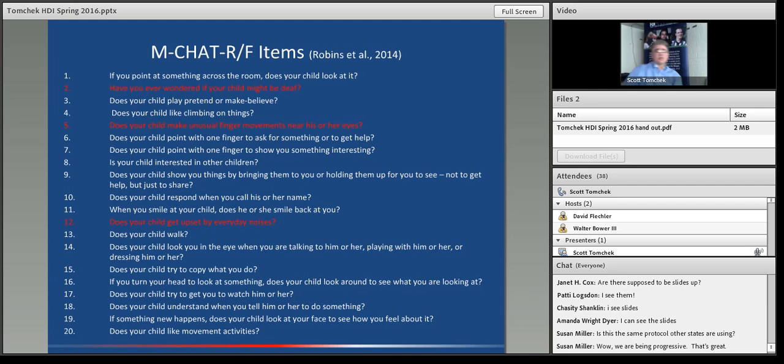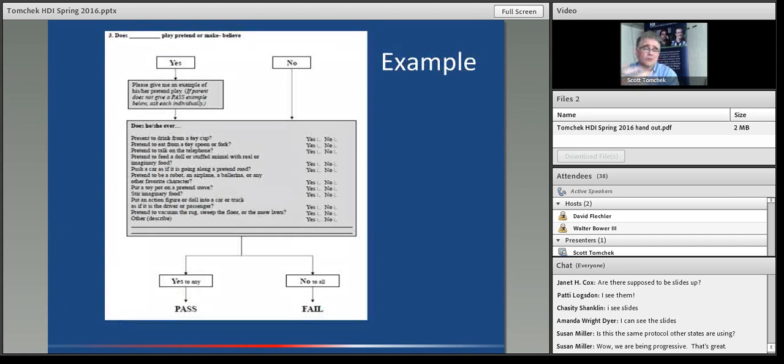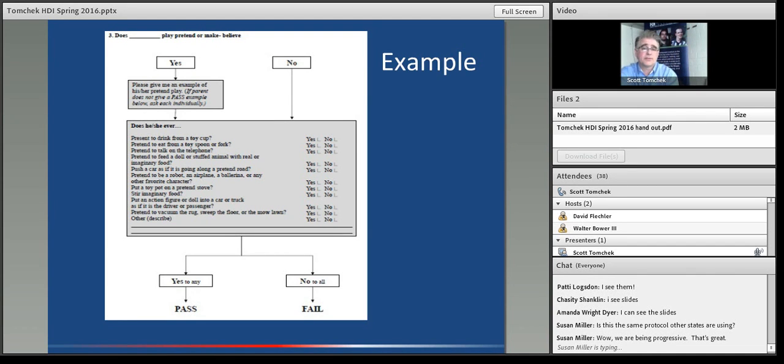So if on the MCHAT-R, the child has less than 3 failures, routine surveillance is recommended. If there's a total score between 3 and 7, that is really when you want to go through and administer the follow-up questions.